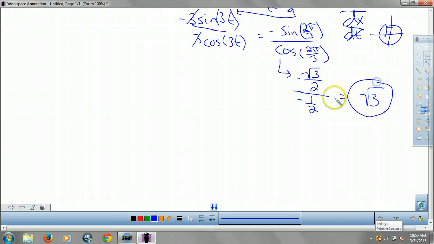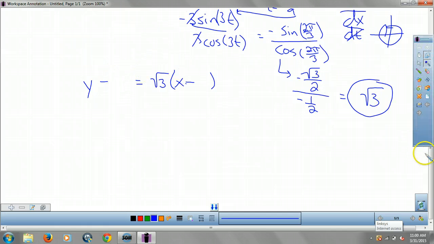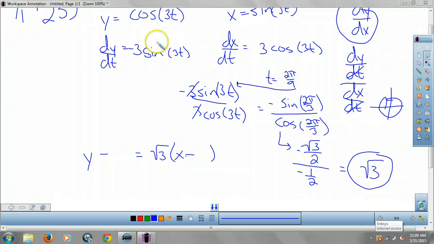So then we do our point slope form. y minus something equals your slope, x minus your x point. We'll define your x and your y point. For your y point, you plug in your t to your y equation.